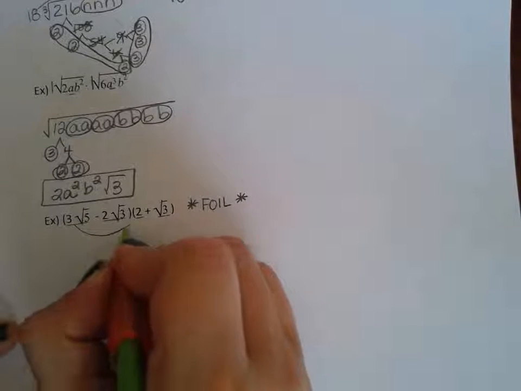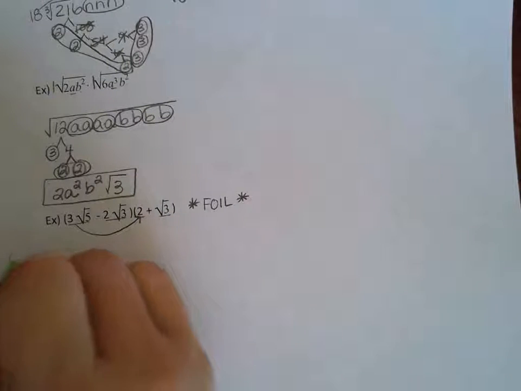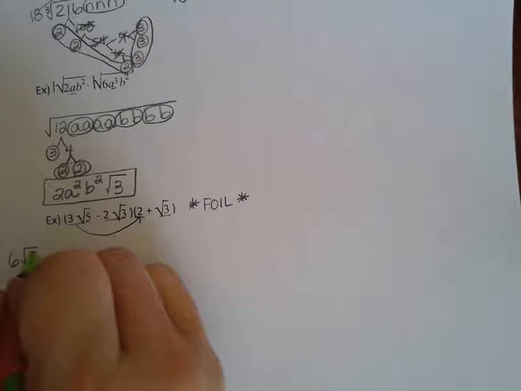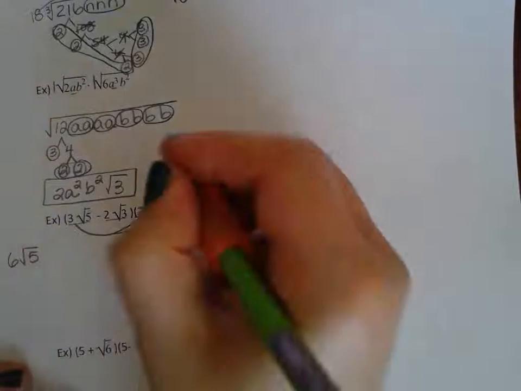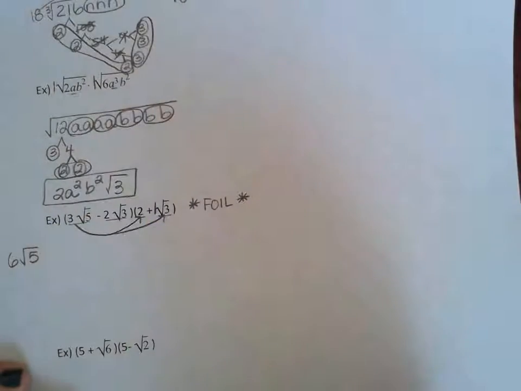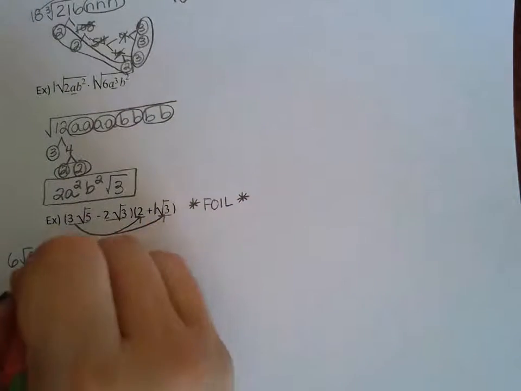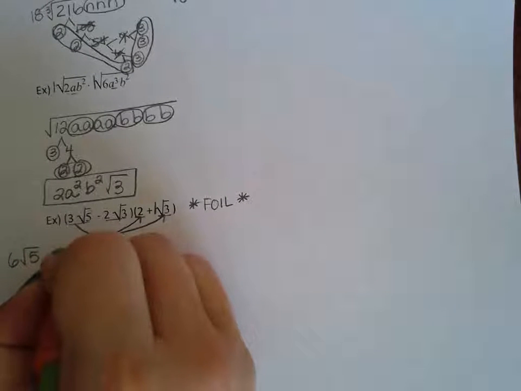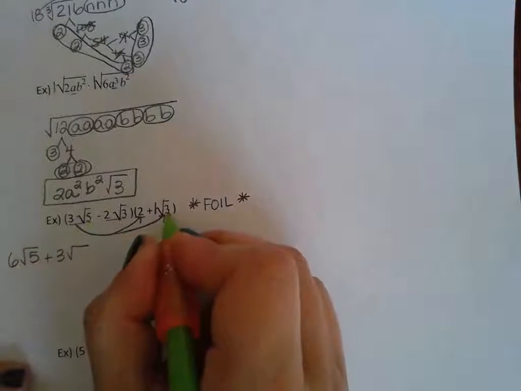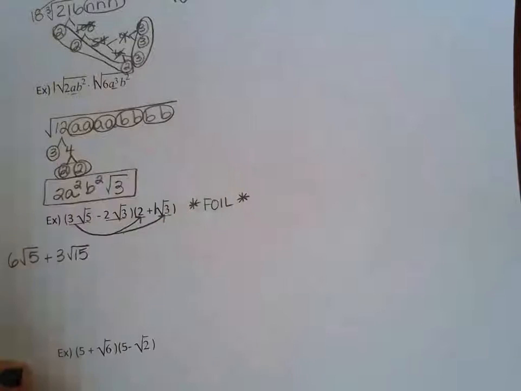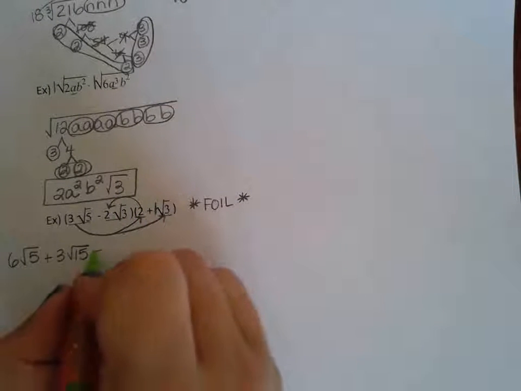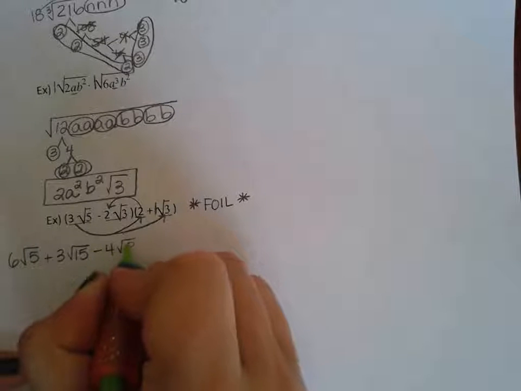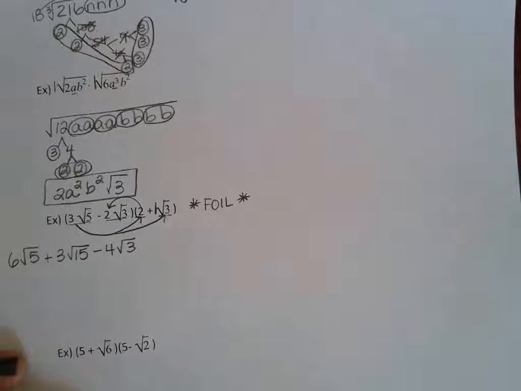3 root 5 times 2 is going to be 6 root 5. 3 root 5 times root 3, that's really a 1 right there. 1 root 3. That's going to be 3 root 5 times 3 is 15. Then 2 times negative 2 root 3 is negative 4 root 3.